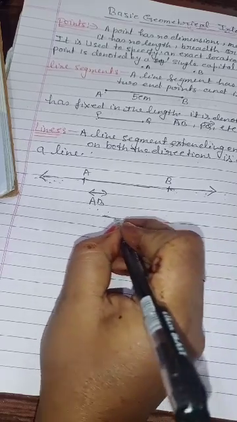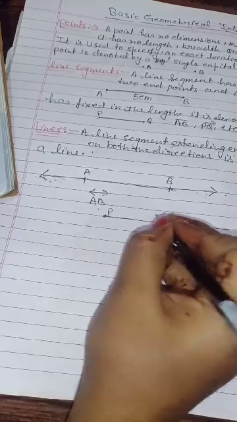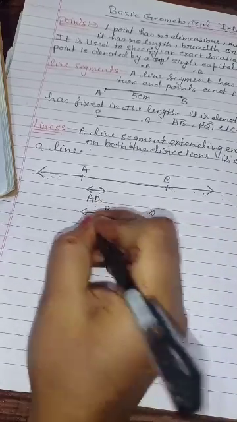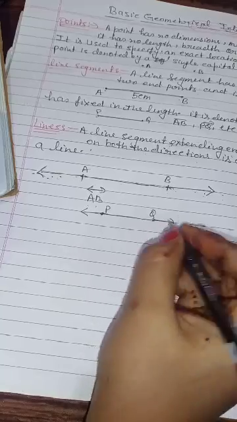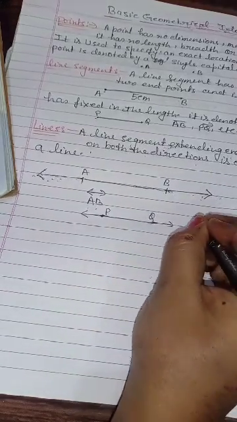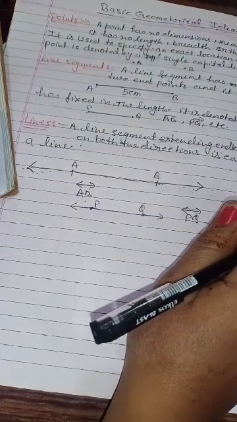Suppose again I am denoting a line PQ, and I have written it in this way. It means it is a line, and I write PQ and make the arrow on both sides of the line.